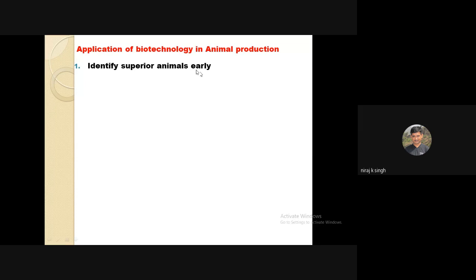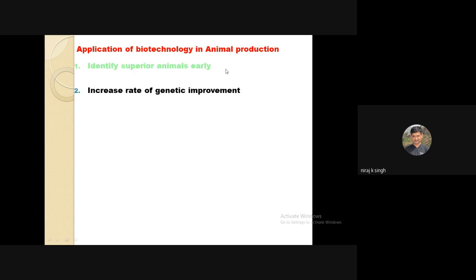But with the intervention of biotechnology, we can identify in a day-one-old calf whether it will be a high yielder or a low yielder in the future. So biotechnological intervention can be used for predicting animal performance in the future.